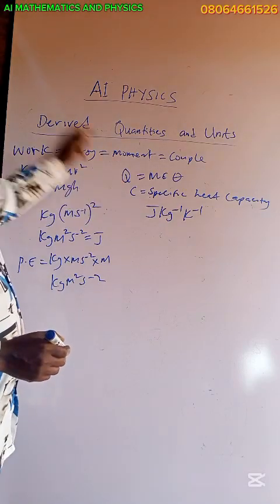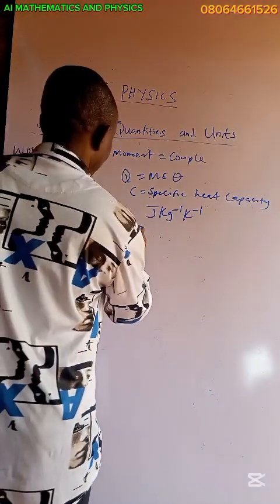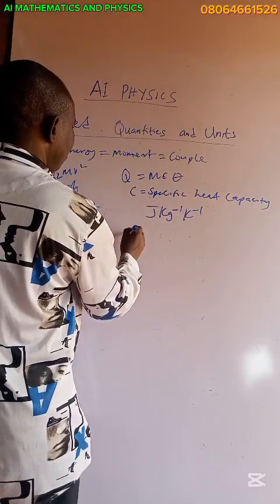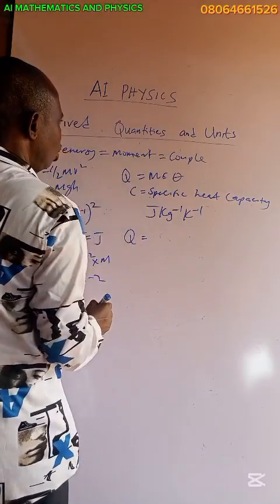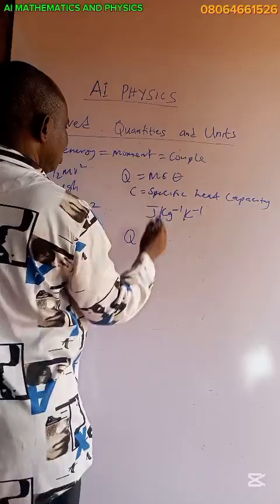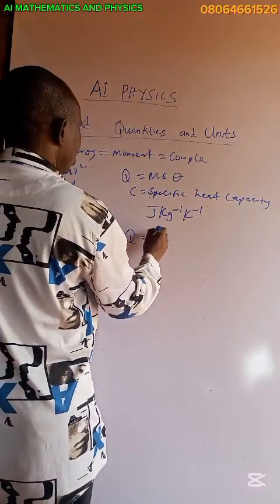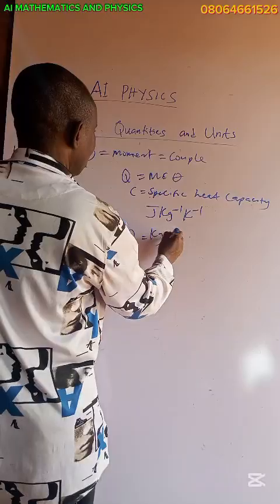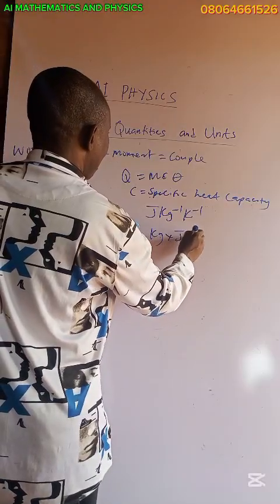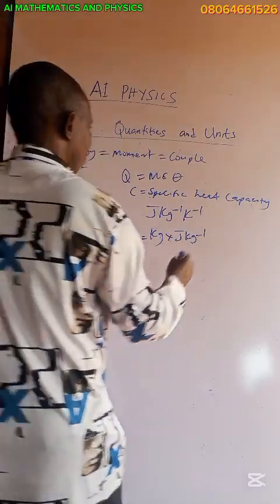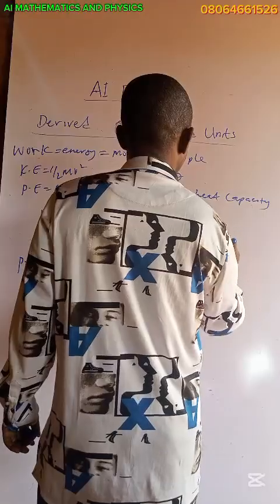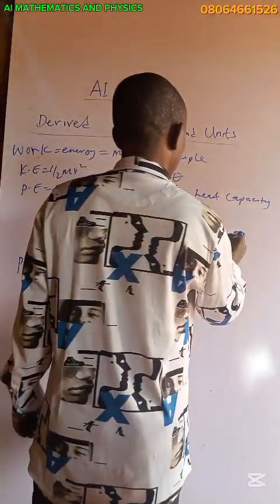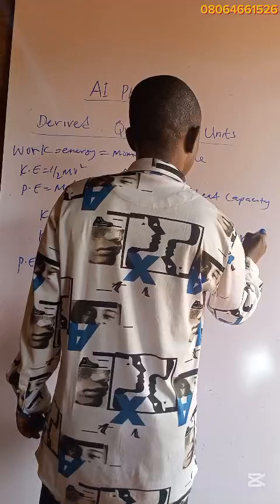Now, this heat energy, which is Q, we want to know if it is equal to joule. Our mass is kilogram. Specific heat capacity is joule per kilogram per Kelvin, and this is temperature, which is also Kelvin.